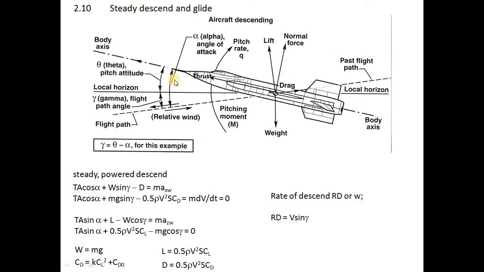This is typical of an aircraft descending, for example, on the landing approach, where it usually flies at high angle of attack. So in this case, the angle of attack is theta plus gamma, the flight path angle or trajectory angle.